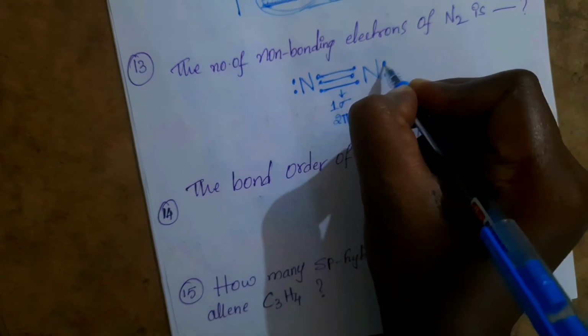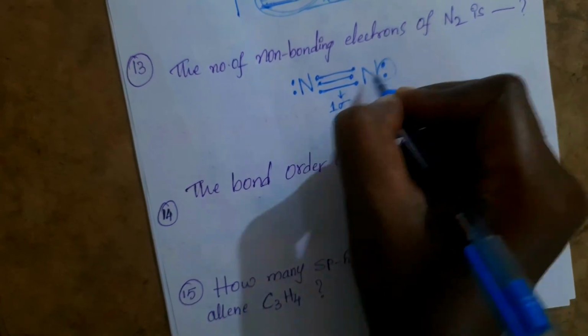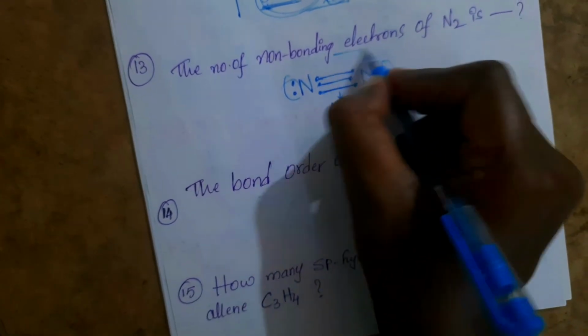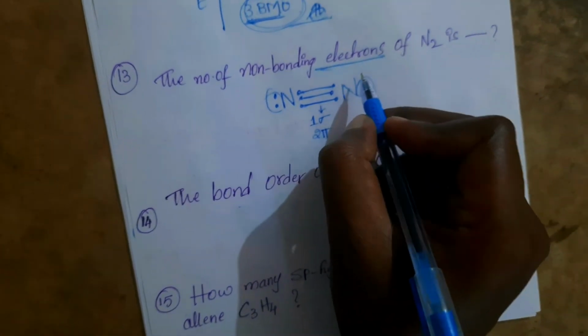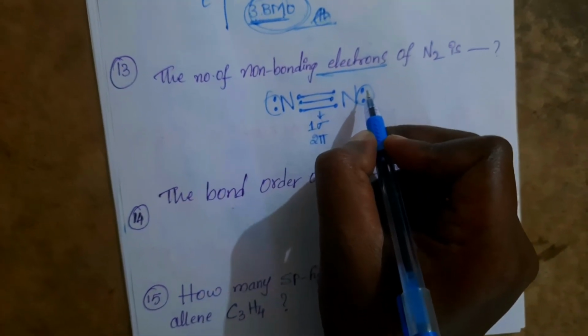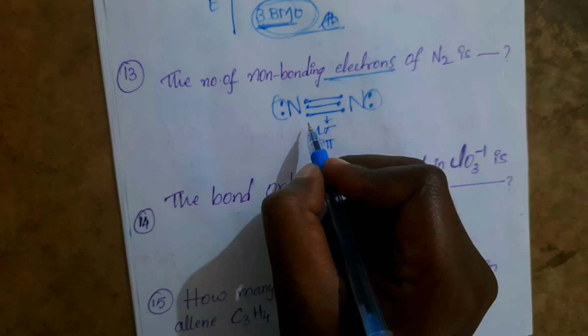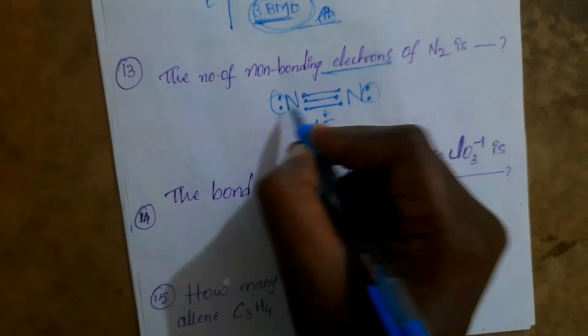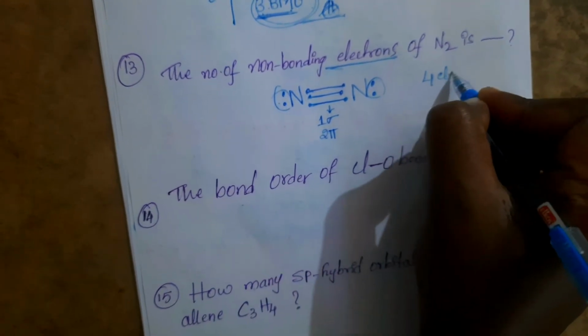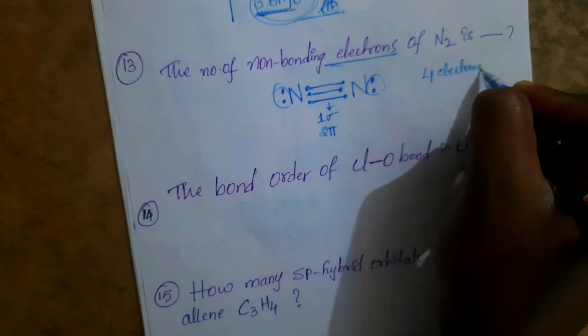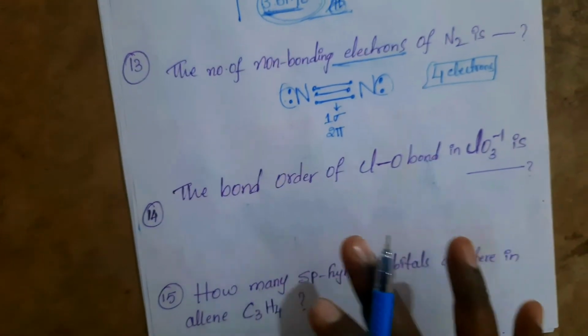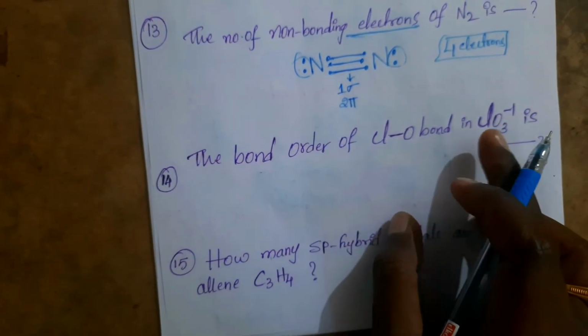So 2 electrons are not participating in chemical bonding. These are called non-bonding electrons. They are not asking for non-bonding electron pairs, that is lone pairs. They are asking for non-bonding electrons. Here 2, here 2. Total 4 electrons. Non-bonding electrons are how many? 4.